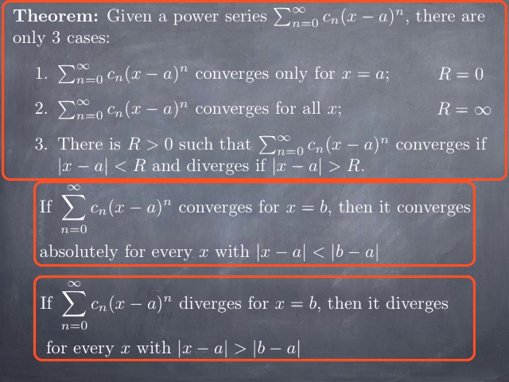Then you can apply the same type of reasoning to show that if it's divergent for x equal b, then it's also going to be divergent for an x that is further away from a than b, just by using the same argument and comparing the series with a geometric series that this time would have a common ratio greater than 1 and would be divergent.